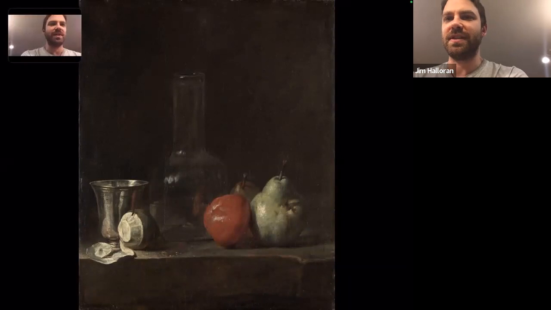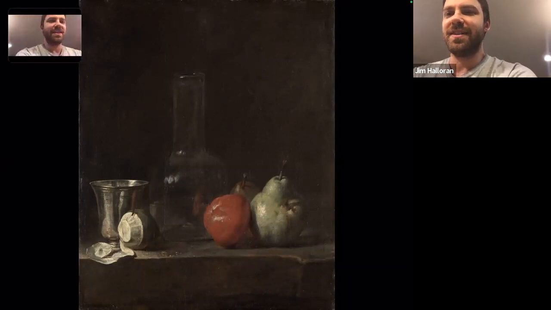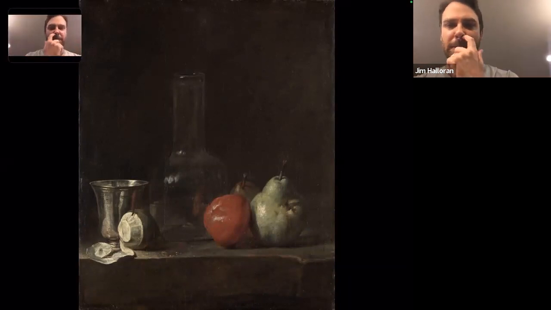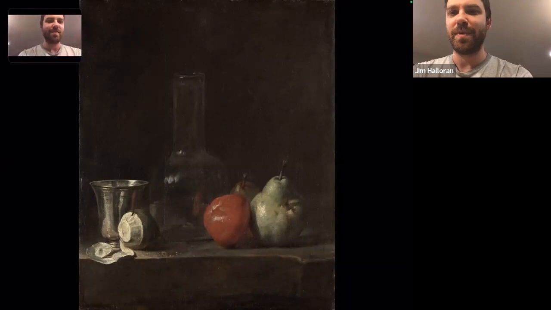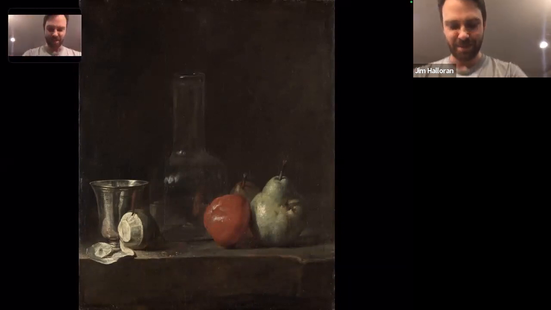Look at the glass, right? Anybody who's tried to paint glass before will know just how difficult it is. You start to get familiar with his objects. They become like friends, that you see over and over again. Whereas sometimes Whistler or Rodin would have people reappear in paintings over and over again, Chardin does that with objects.